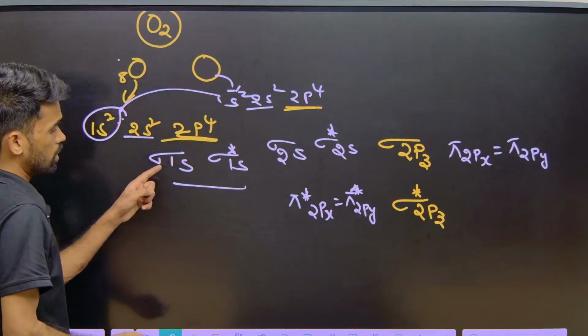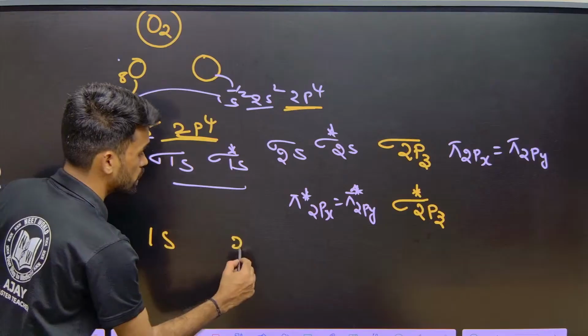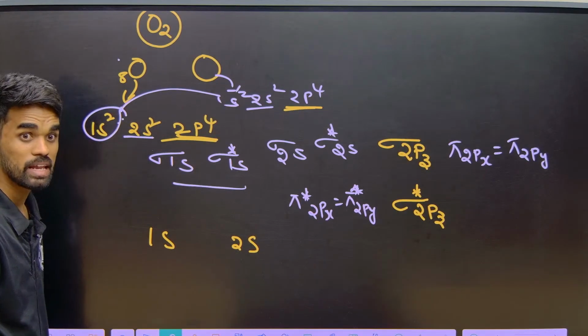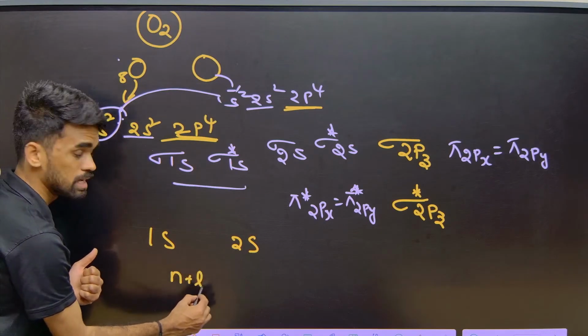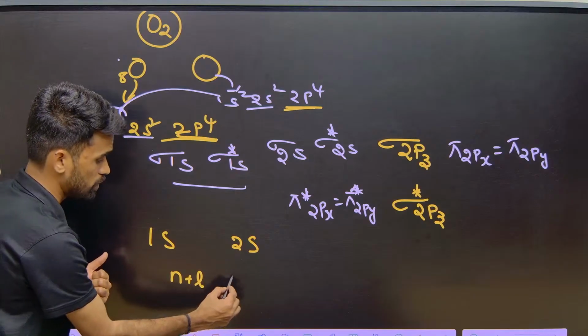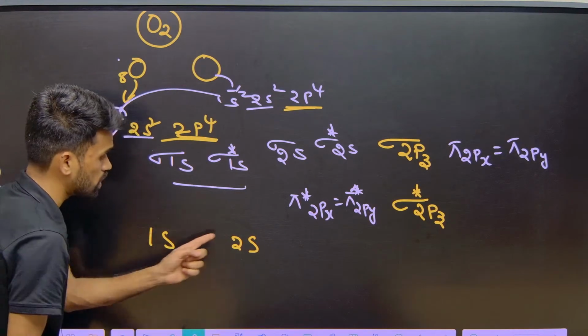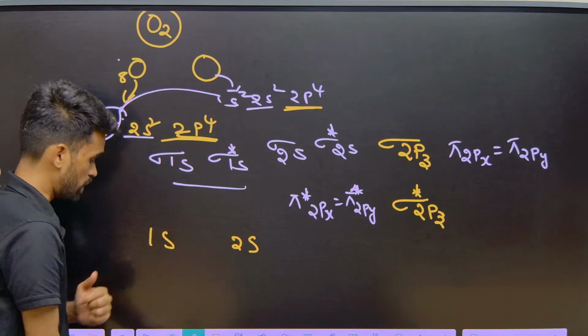Now I will be asking you about energies. If I give 1s and 2s, tell me the energy order. Do you remember the energy order? For a multi-electron system it depends on n plus l, and for a single-electron system on the n value. Based on this, which of these two is higher in energy? 2s.